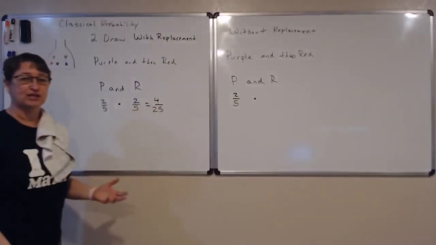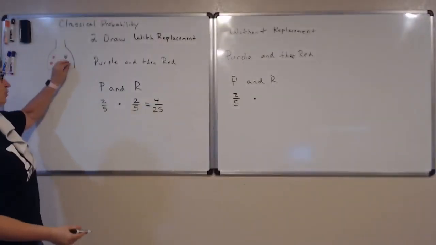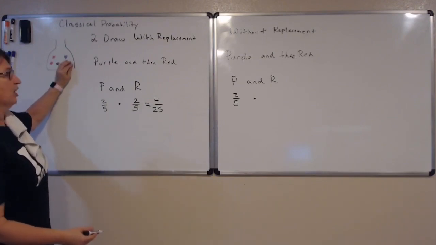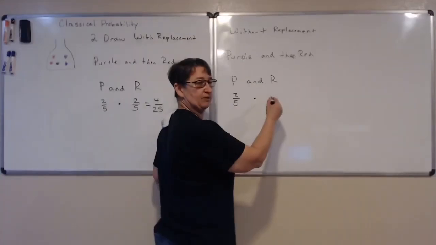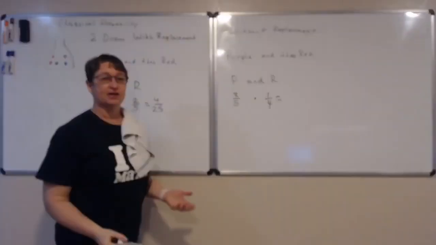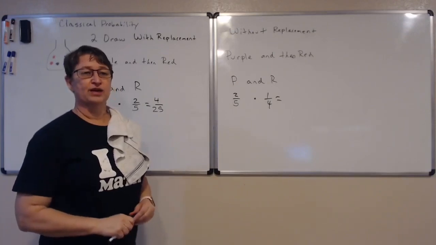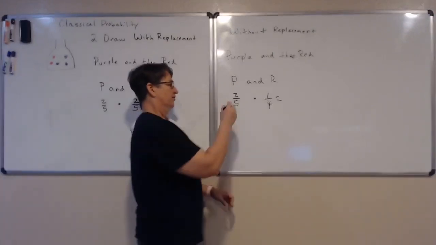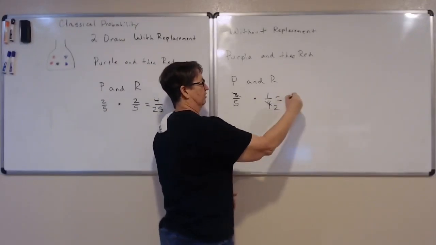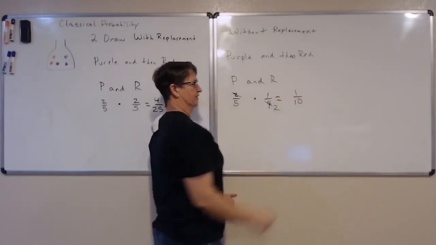The only way it changes is now I have one of those purples in my hand. I'm not putting it back in. So it leaves me with 1 out of 4. I'm not going to do any adding, so then I'm going to reduce. So 2 goes into 4 2 times, so I will have it end up with 1/10.